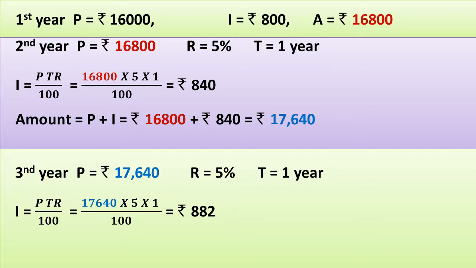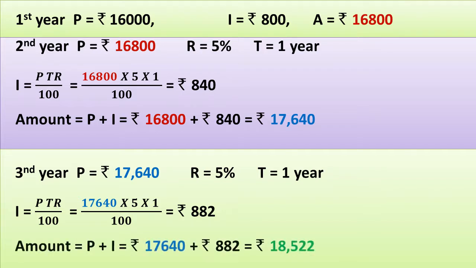So 1764 divided by 2 leads to 882. The amount at the end of the third year will be 17,640 plus 882, which is 18,522.